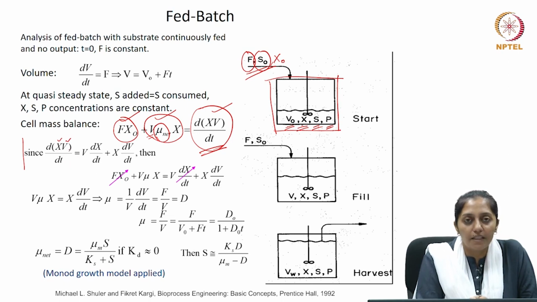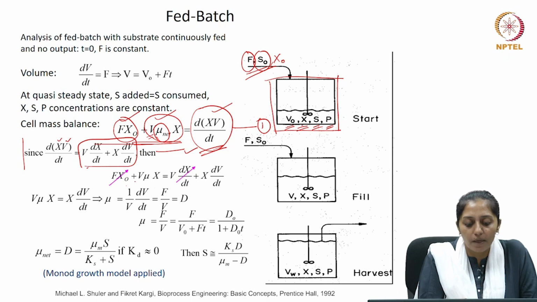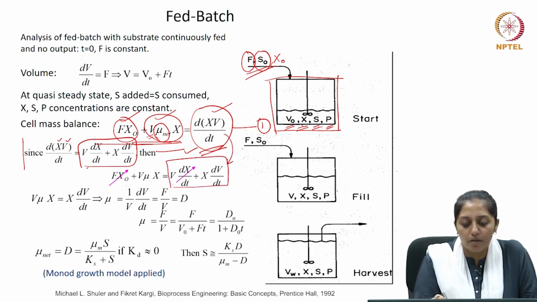Now, if you expand the differential, then you get V dX by dt plus X dV by dt. I hope this is clear now. Then, if you substitute this in the previous equation, we have F x naught plus V mu x, and we have copied the second form in place of d(XV) by dt.